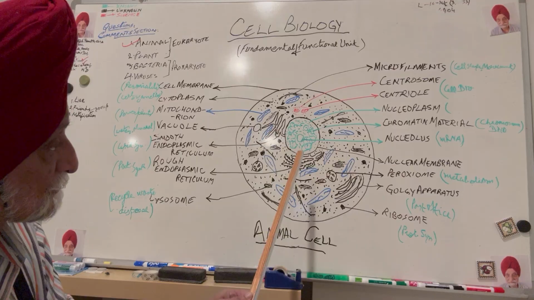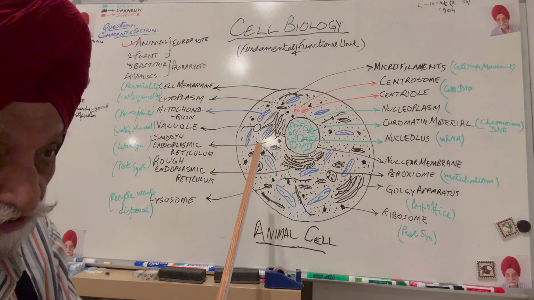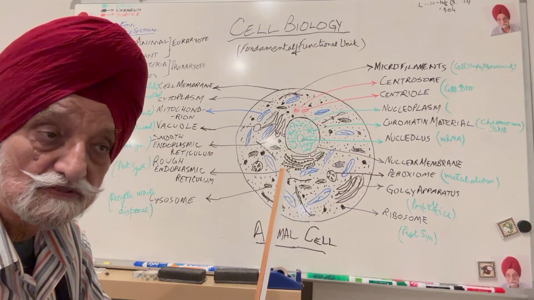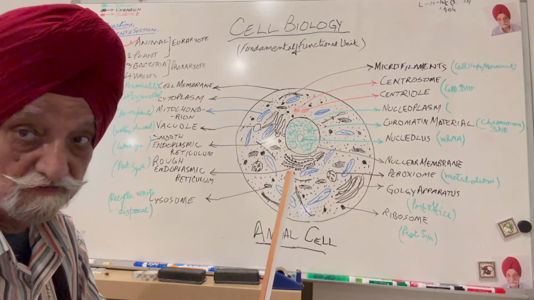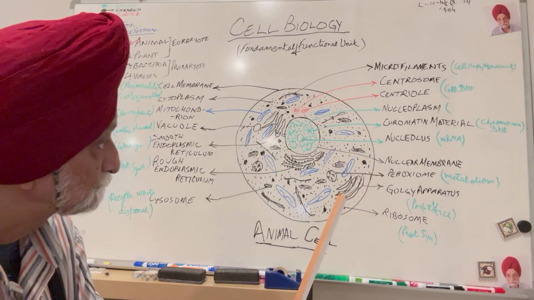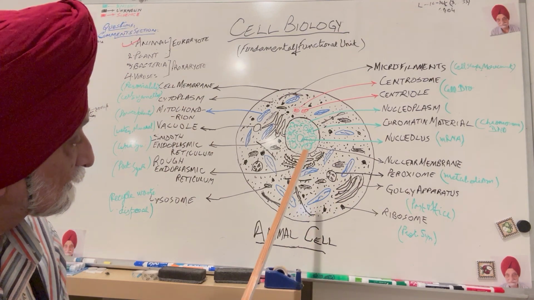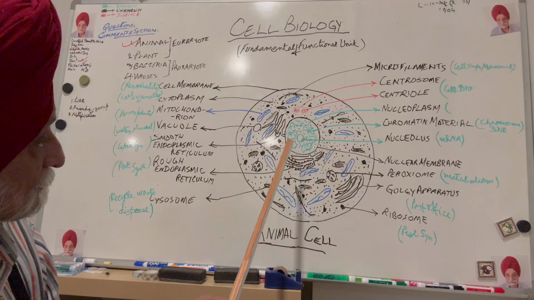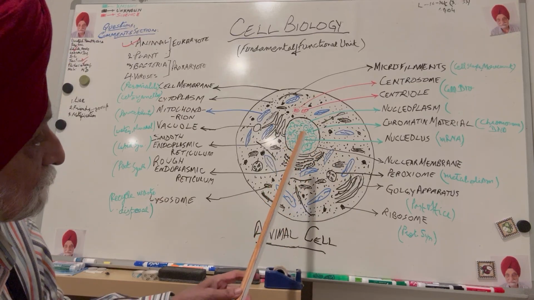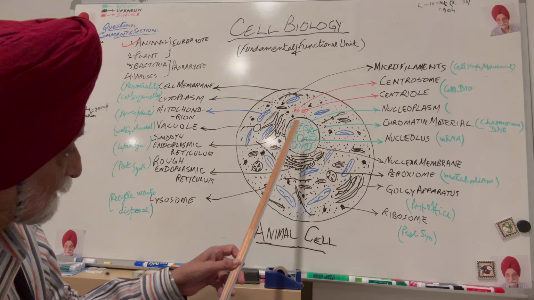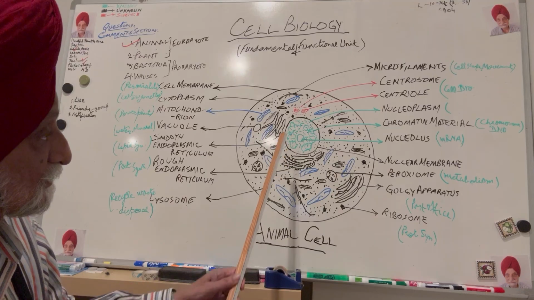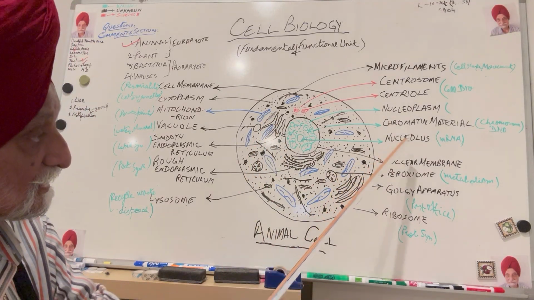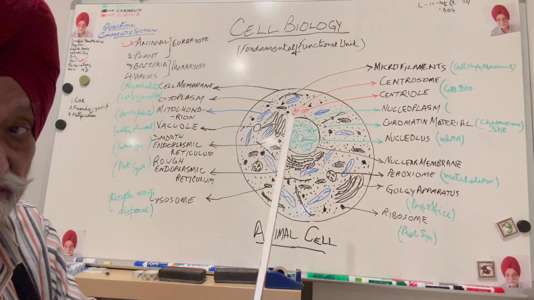And nucleoplasm consists of, again, water and amino acids and some other structures I'll be referring to. In the nucleoplasm, there is present the nucleolus, and the nucleolus is composed of messenger RNA.